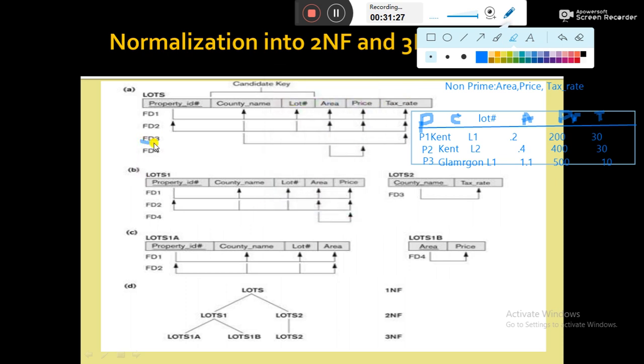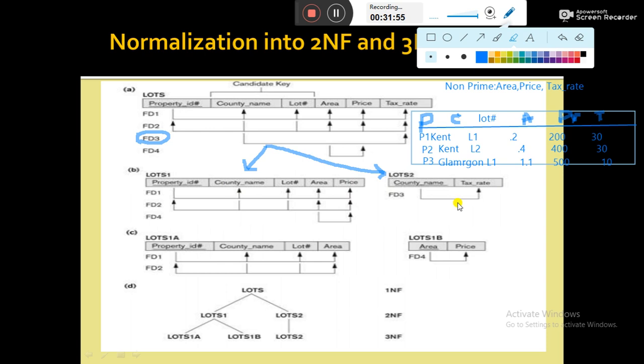Due to FD3, this is violating 2NF, so we decompose lots into lots 1 and lots 2. So two sub-relations are generated. Now these lots 1 and lots 2 are in 2NF.